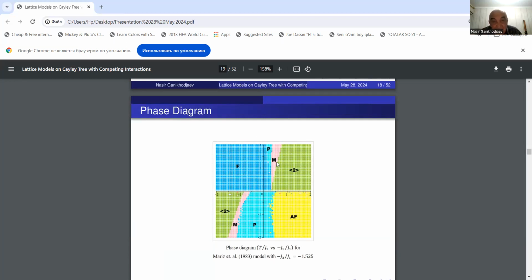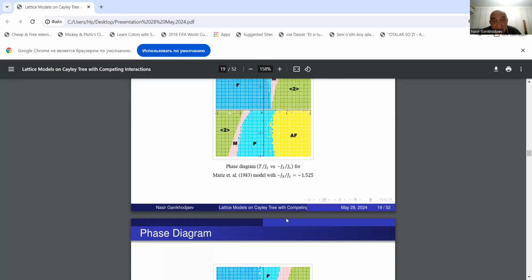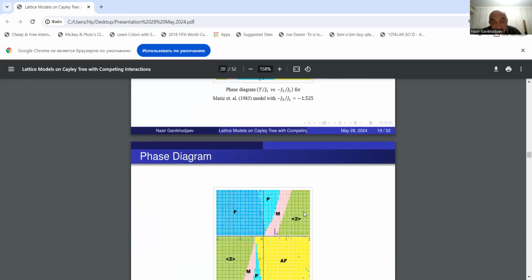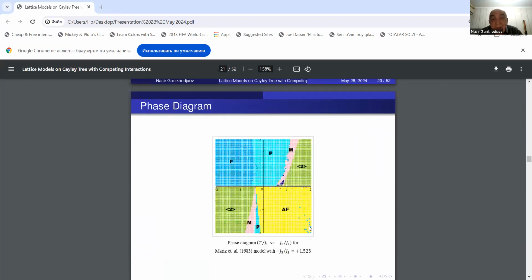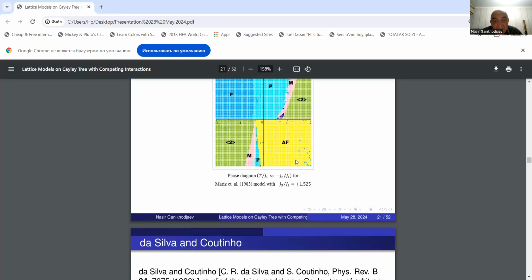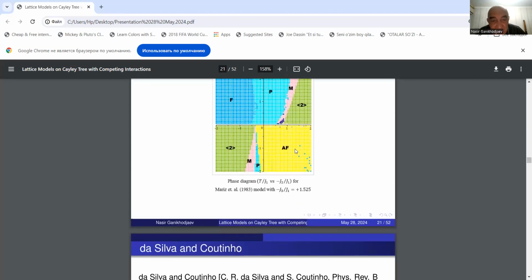So here we have ferromagnetic, paramagnetic, modulated, two-phase, anti-ferromagnetic. So a lot of different phases. So only maybe the shape of these phases changes, but we have practically the same phases.